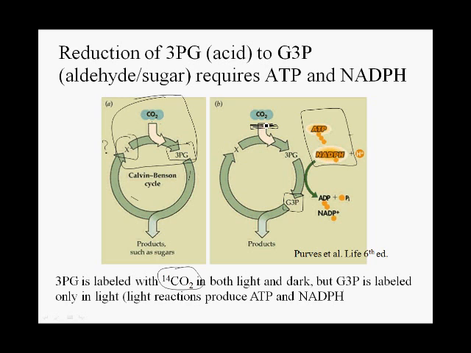Okay? So if they could simply eliminate CO2, they figured that this step would be blocked, and since this is a cycle, all of these compounds would cycle around until they became compound X, at which point compound X would accumulate because there was no CO2 available to combine with compound X and turn into 3-phosphoglycerate.